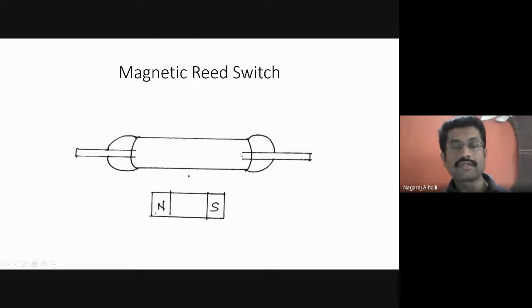Because of this, these two tabs act like magnetic poles, and they attract each other. If the strength of the magnetic field is so high that the two tabs attract each other, then the switch will operate. The switch gets actuated, energized, and it functions to detect the presence of the nearby object.